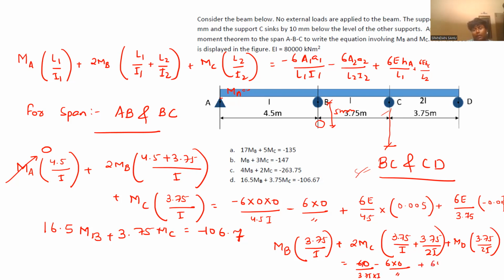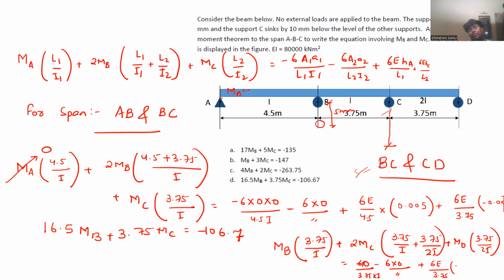Plus. Now you tell me what you are telling, about the support settlement. What will be this H? Means with respect to support C, by how much amount is B above or down? B is above, we know.